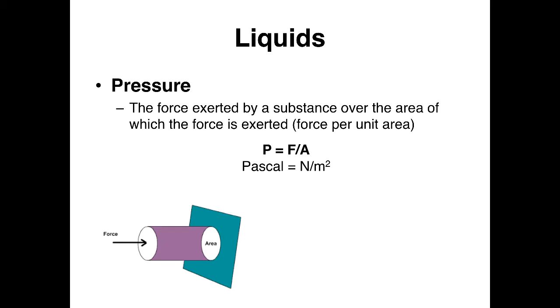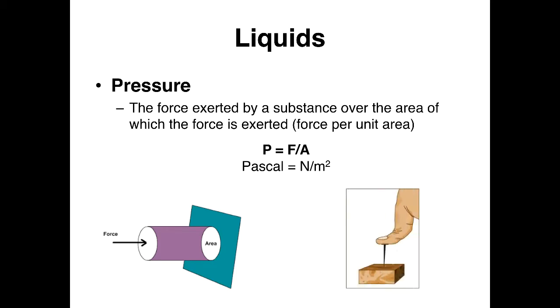So, for example, in the case here on the left, this cone of material, solid, pushing on this square will exert a certain force, and it will be over the area of that cone or that cylinder. And so the pressure would be the total force divided by whatever the area of that circle is.